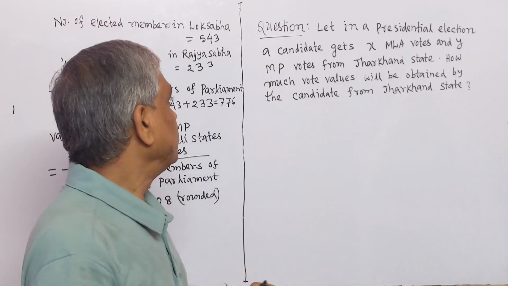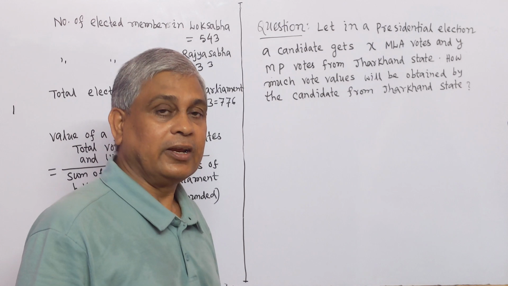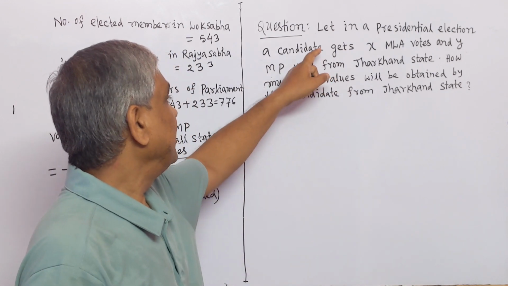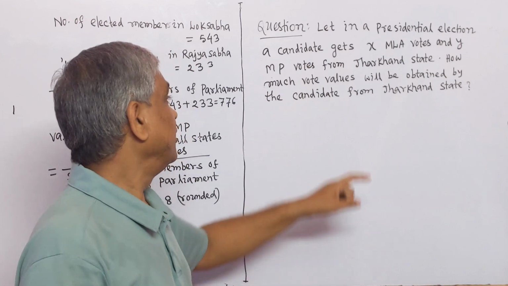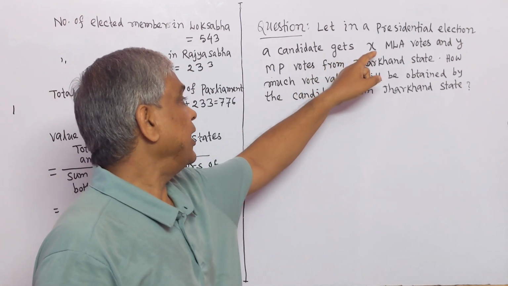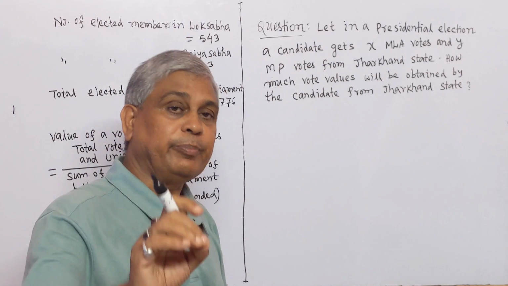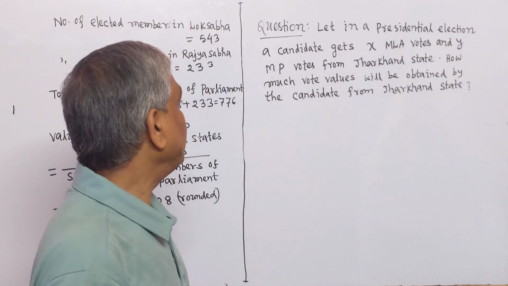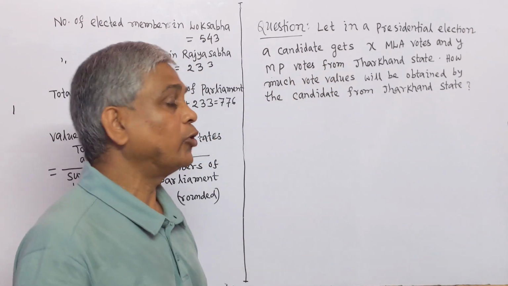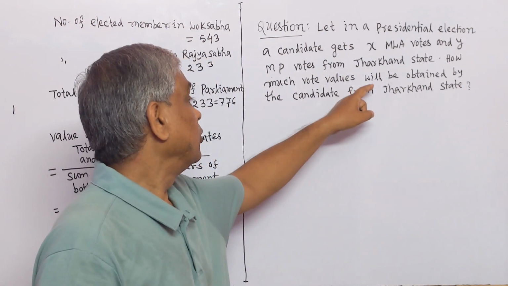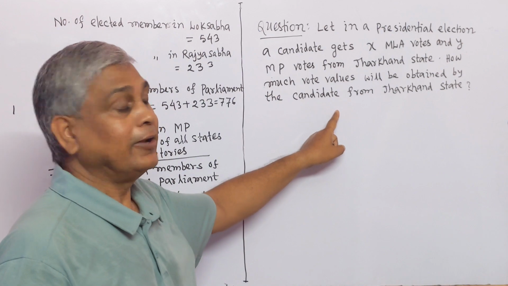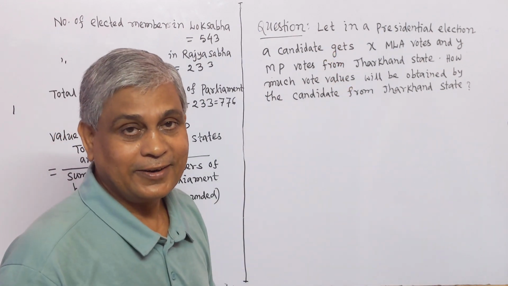Now, we will solve a question. Let in a presidential election, a candidate gets X number of MLA votes and Y number of MP votes from Jharkhand state. How much vote values will be obtained by the candidate from Jharkhand state?